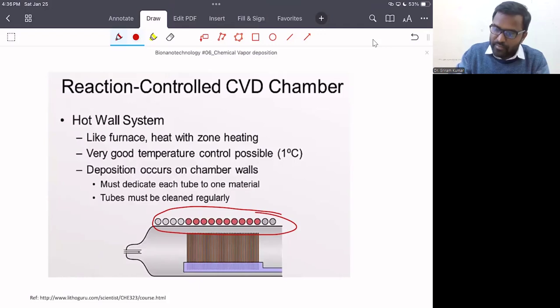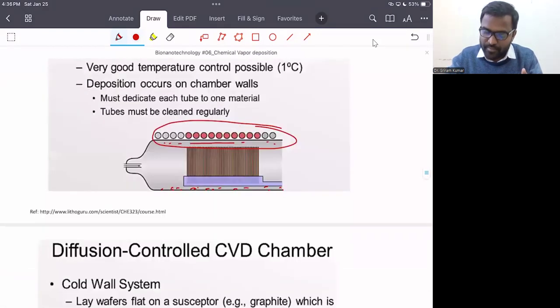With the heating coil around the chamber, we also have deposition on the wall of the container. To eliminate contamination from one material to another, we need to use a separate container for different materials in this reaction control CVD chamber.